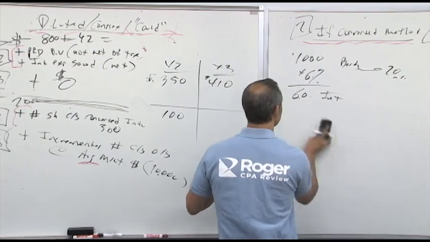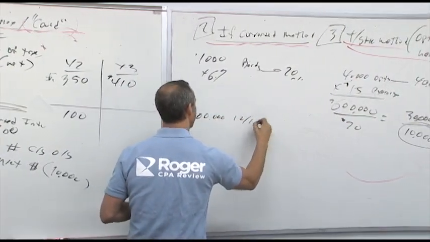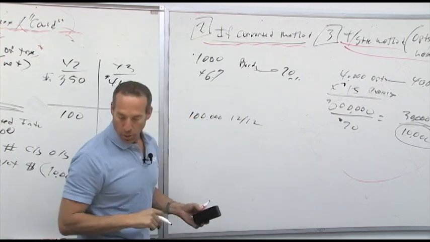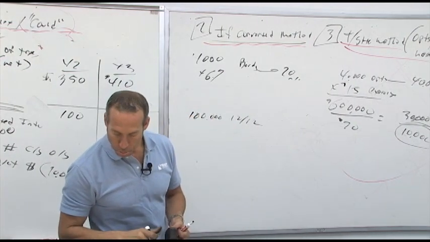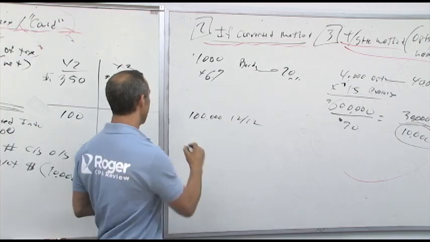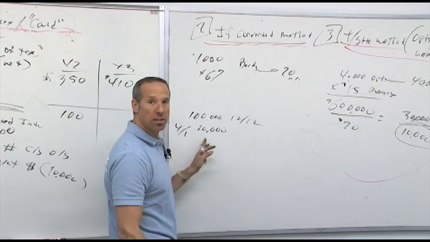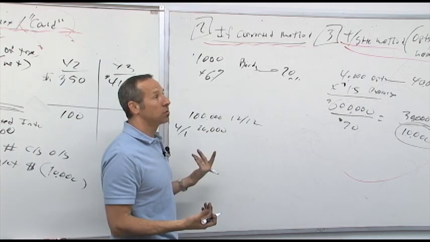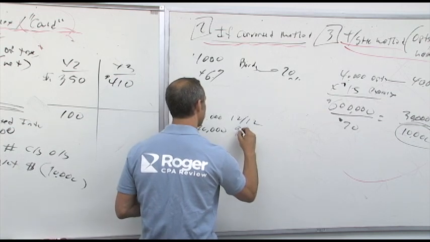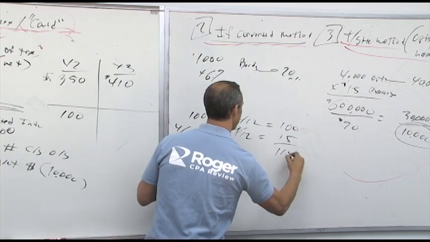I've got 100,000 shares outstanding for 12/12. Then 20,000 shares were sold on April 1st. Those 20,000 shares are outstanding for how much of the year? About 3/4, 9/12. So that's 100 plus 3/4 of 20, which is 15, so 115.